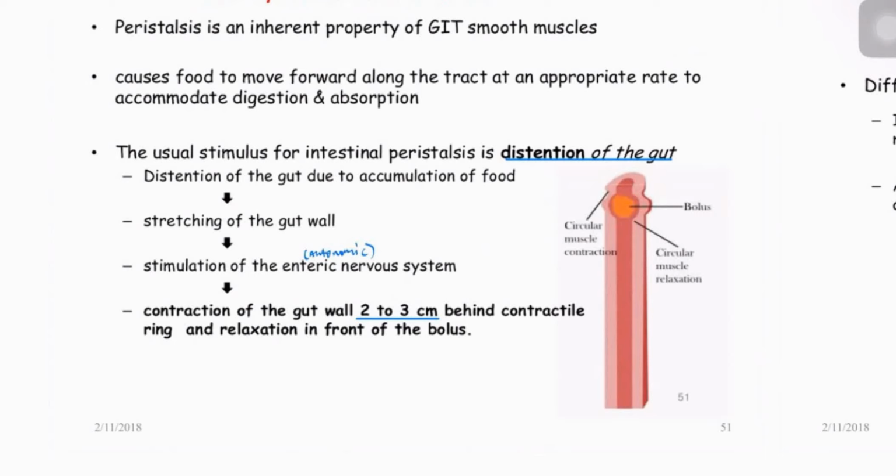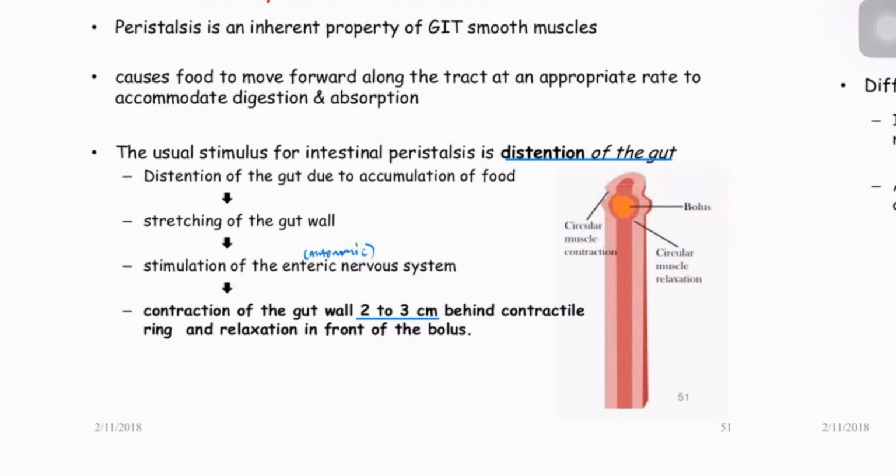The contraction of the gut wall is 2 to 3 cm behind the contractile ring, and relaxation in front of the bolus. So, behind this bolus, we have contraction, and in front of this bolus, we have relaxation.